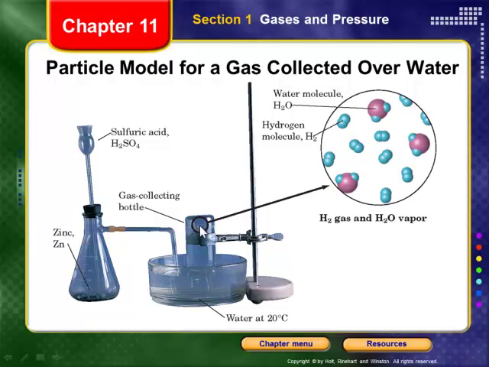And so we're collecting the hydrogen gas up here, but because it's bubbling up through the water and we have a water surface in there, this is going to be saturated with water. And so we need to know what is the partial pressure of water at the temperature that this collection is going on at. Okay, and that's the reason why we have to do that.